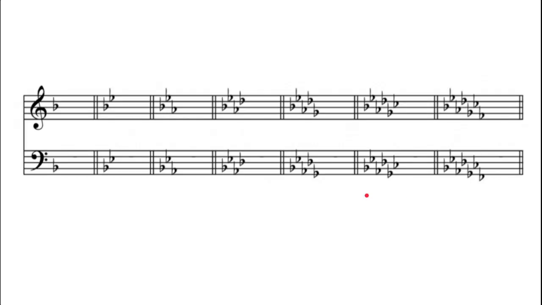Same pattern applies to flats. The first note, all of them start with B flat. Then the second note, all of them start with E flat. Then the third note, all of them start with A flat, and so on until the final order is completed at the last key signature.